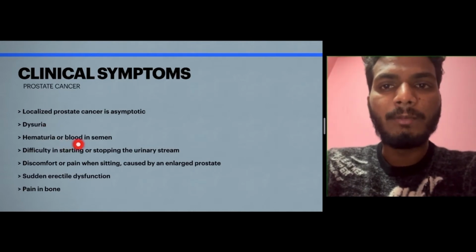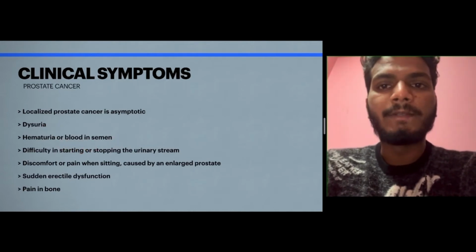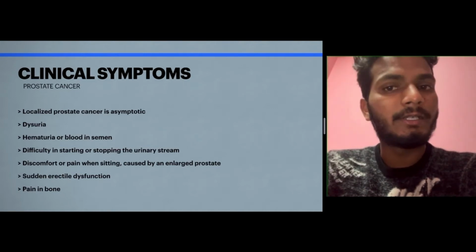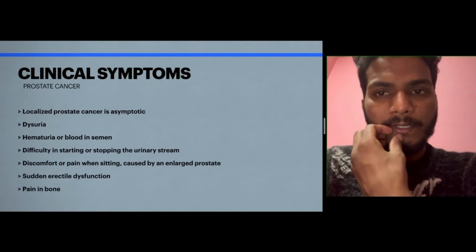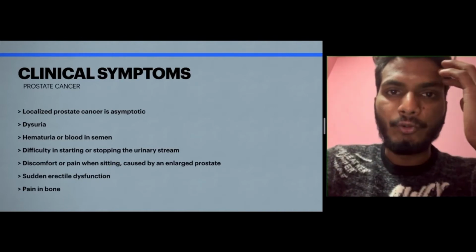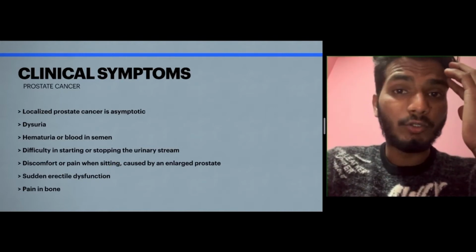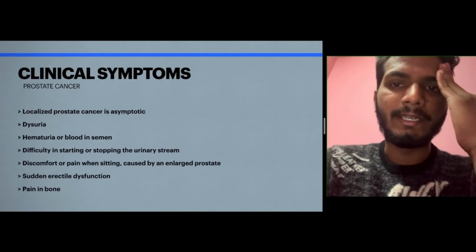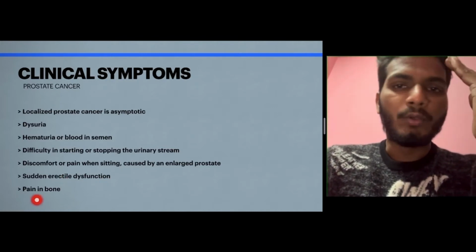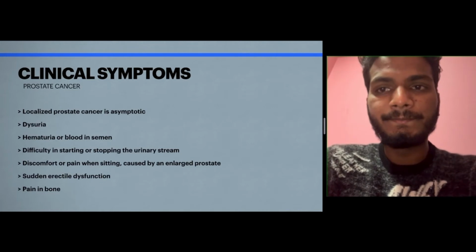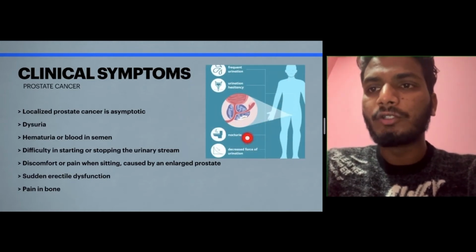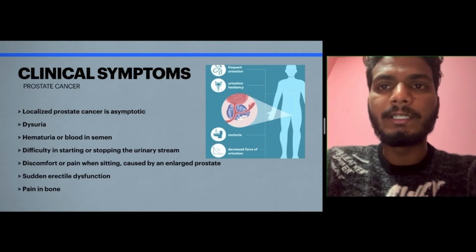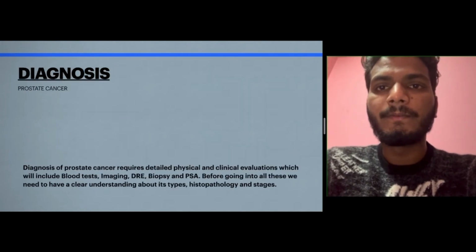Then there is hematuria, blood in semen, also difficulty in starting or stopping the urinary stream, discomfort or pain when sitting caused by an enlarged prostate. There can also be new or sudden erectile dysfunction. Bone pain is also associated. Nocturia is also seen. So these are the clinical symptoms of prostate cancer.